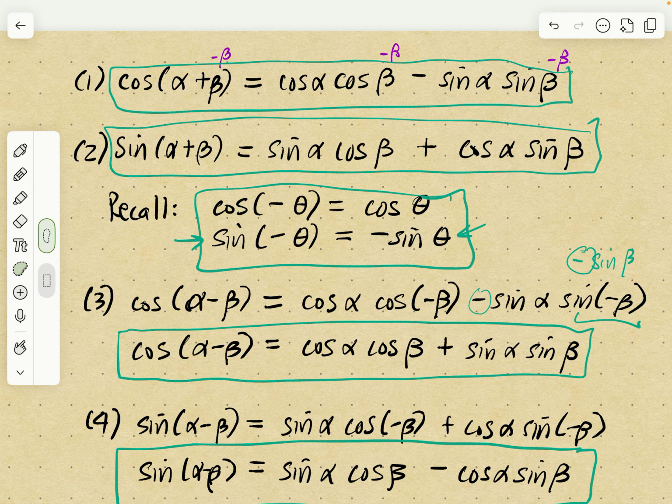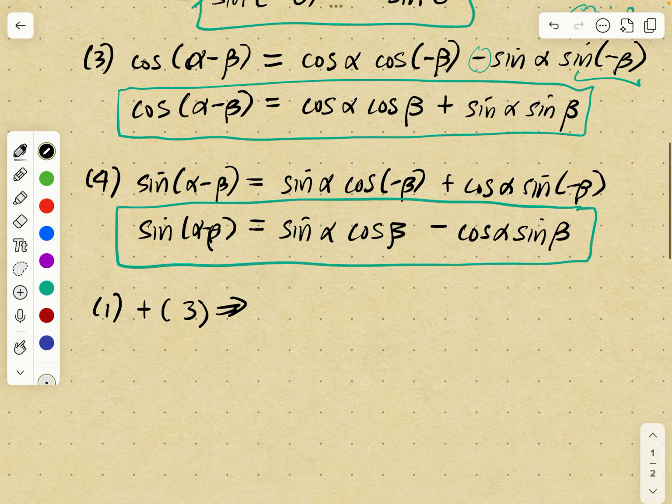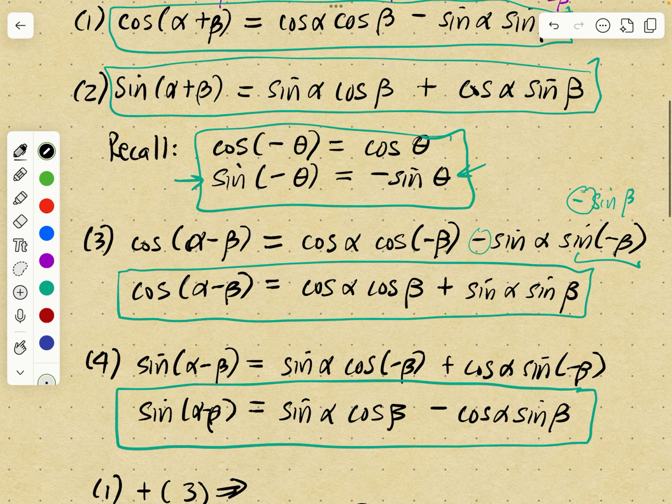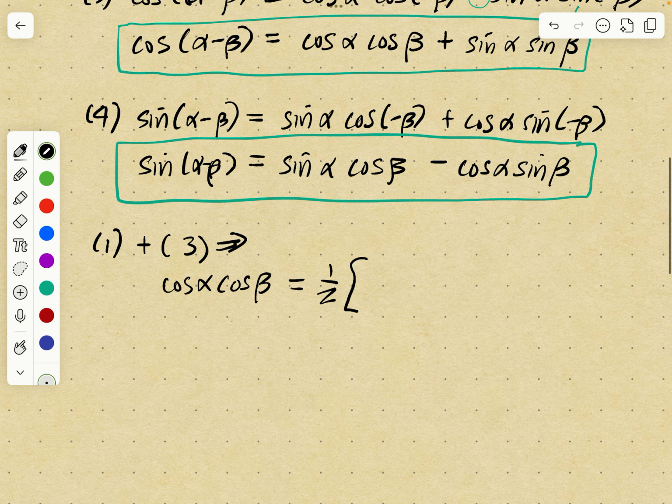And then I'm going to get 2 cosine alpha cosine beta, and then I can divide both sides by 2. So when I do that, I get cosine alpha cosine beta equals a half of cosine alpha plus beta plus cosine of alpha minus beta.